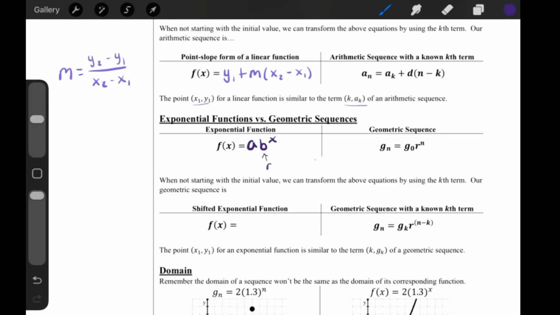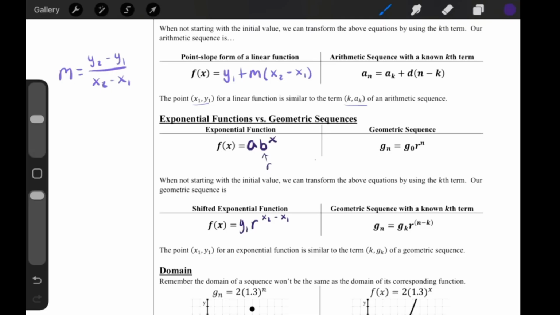When not starting with the initial value, we can transform the above equations by using the kth term. Our shifted exponential function would be written out as y1 times r to the power of x2 minus x1.